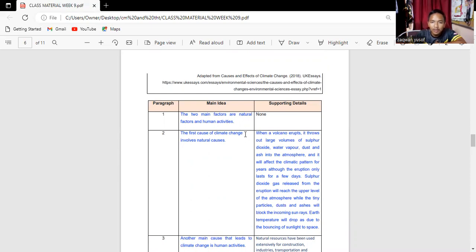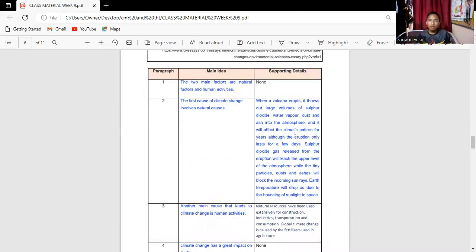Okay, supporting details, when a volcano erupts, it throws out a larger volume of sulfur dioxide, water vapor, dust and ash into the atmosphere, and it will affect the climatic pattern for a year, although the eruption only lasts for a few days.